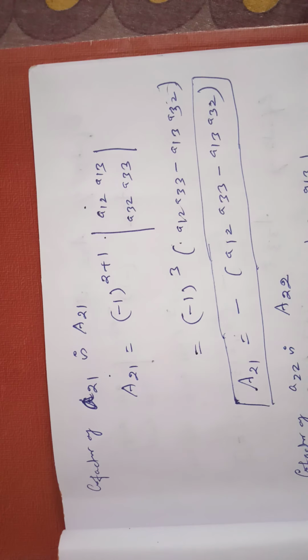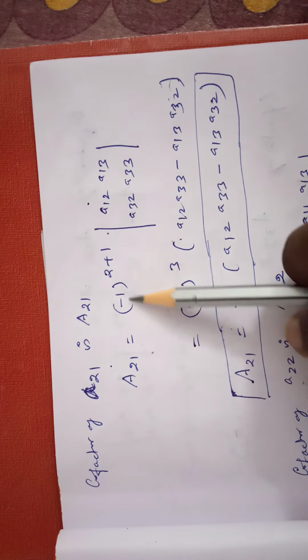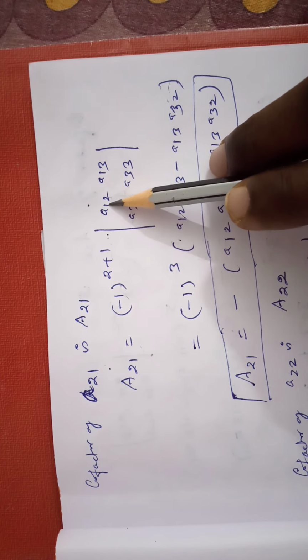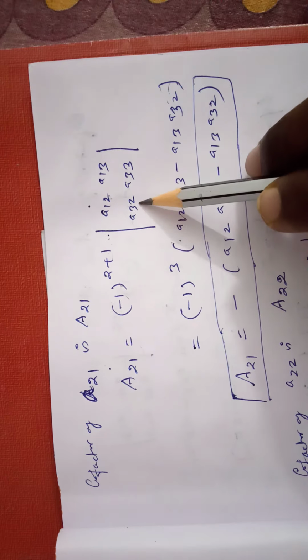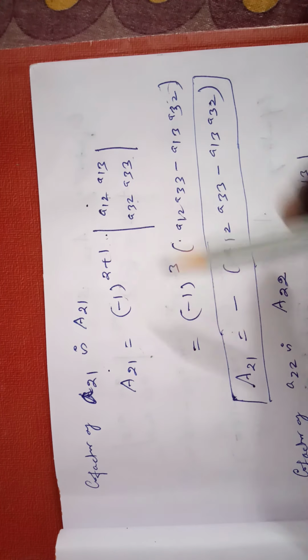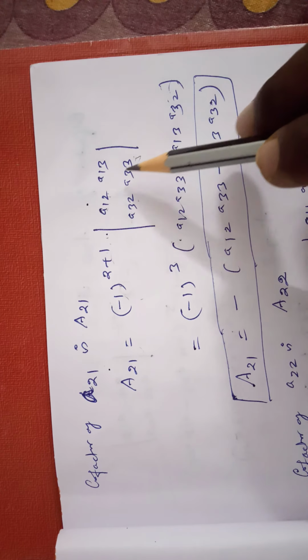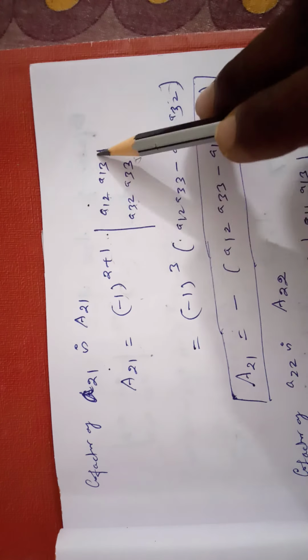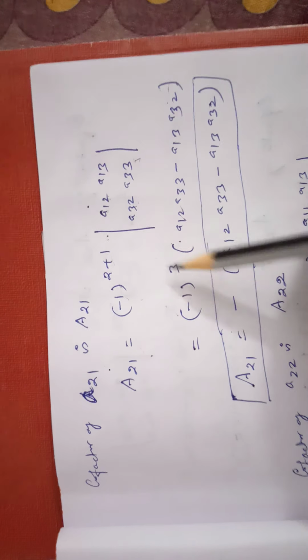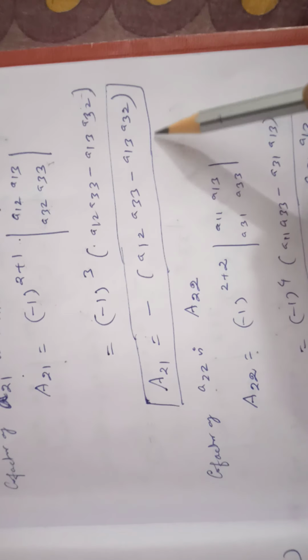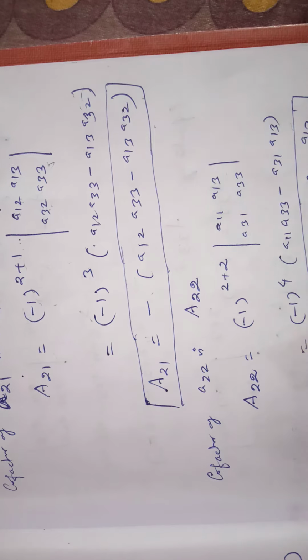Similarly, we compute the second row first column. A21 equals minus 1 power 2 plus 1 into the minor with A12, A13, A32, A33. Minus 1 whole cube, cross multiply A12 A33 minus A32 A13. Minus 1 cube is minus, so minus of A12 A33 minus A13 A32.